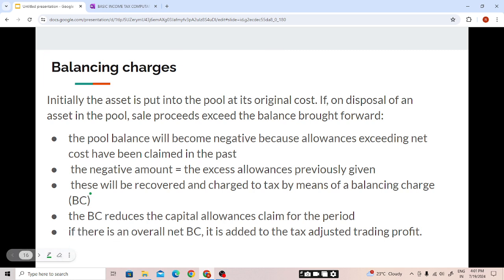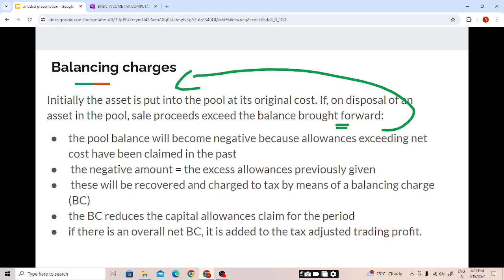So, students, initially the asset is put into the pool at its original cost. If on disposal of any asset in the pool, sale proceeds exceed the balance brought forward, it will create a balancing charge.